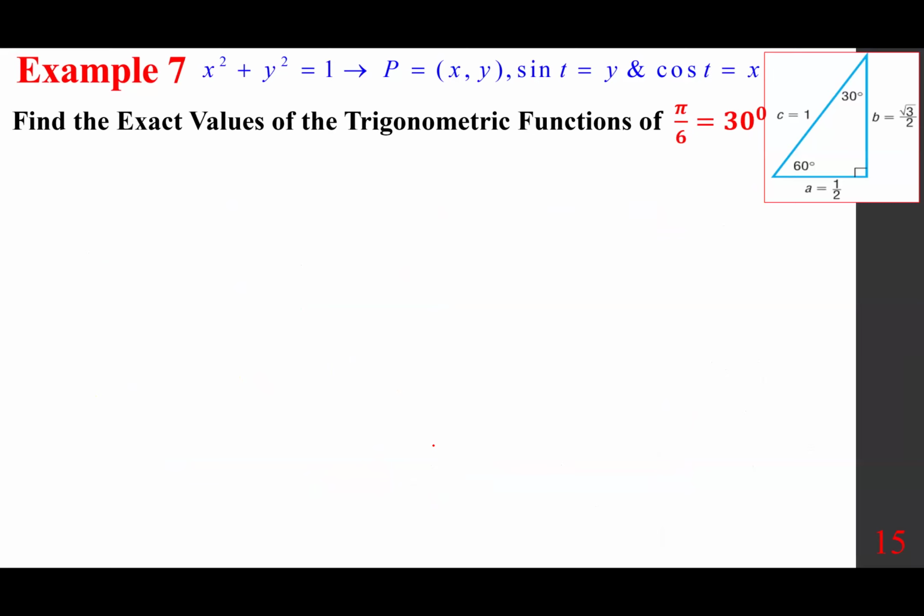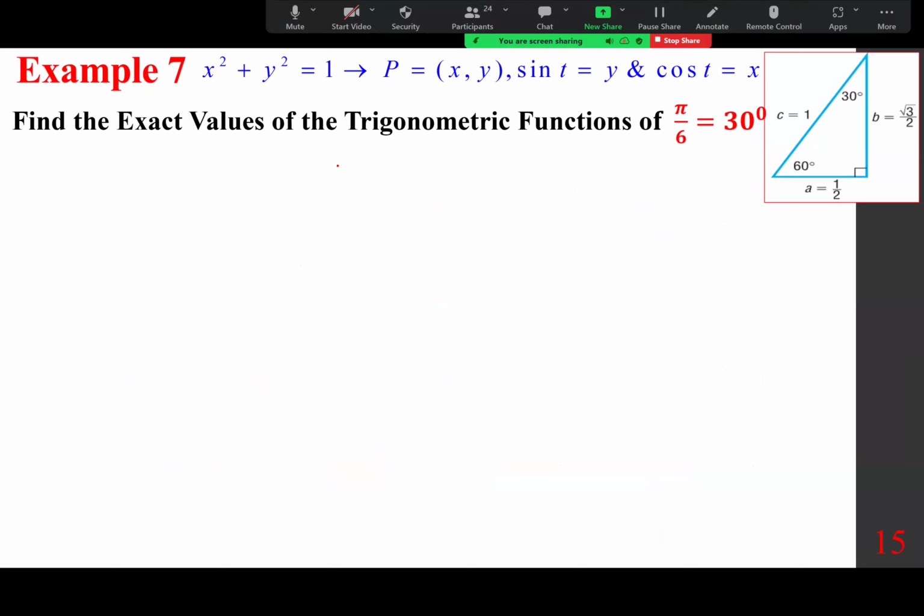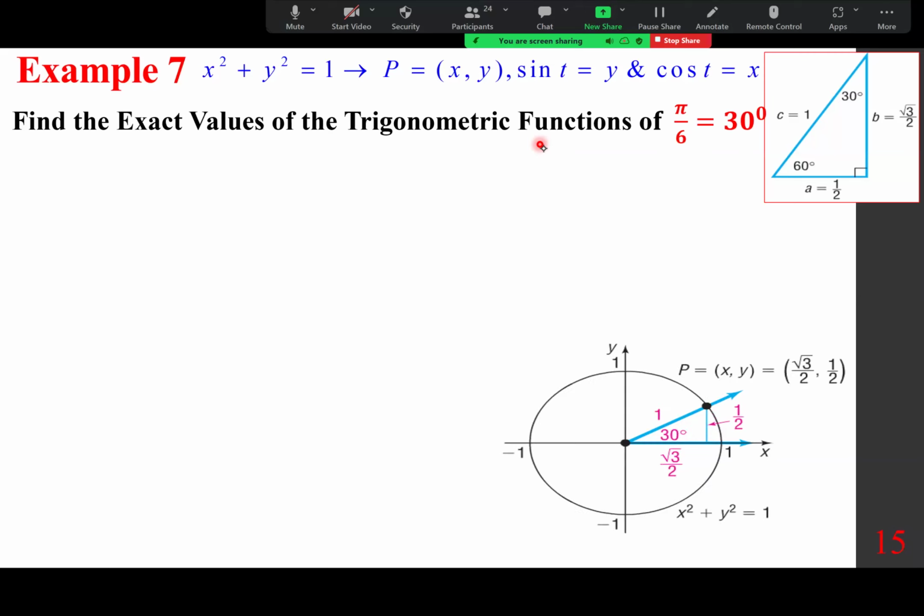All right, so now what happens? We are going to work on pi over 6 or 30 degrees. Find the exact values of the trigonometry functions at pi over 6 or 30 degrees. If we put it on a unit circle, x comma y, now this time x is square root of 3/2. That means cosine of 30 degrees is square root of 3/2.